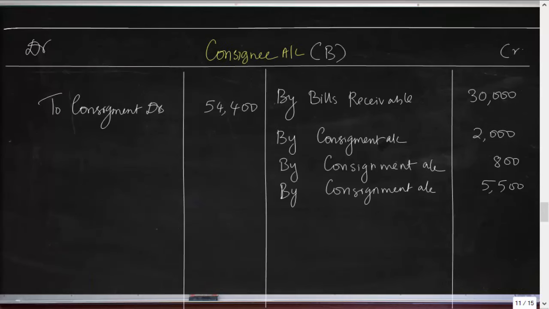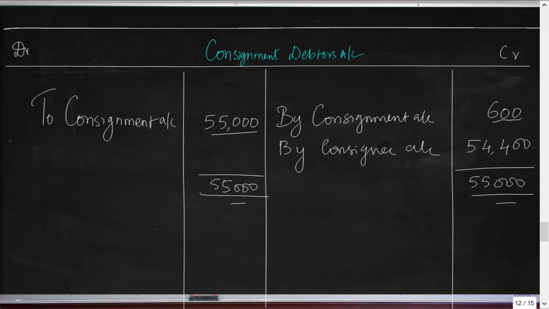What is the amount that we can expect from consignee? The amount we can expect from consignee is based on consignment debtors and various expenses. We have already closed consignment debtors. Sales was 55,000, but there was bad debt of 600. So what ultimately consignee received is only 54,400.